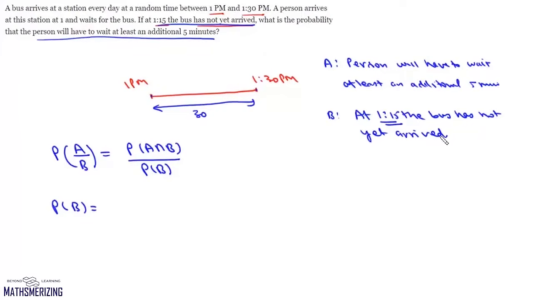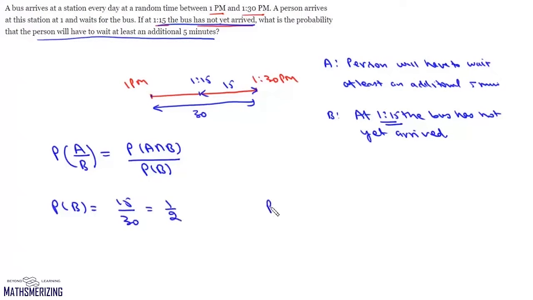So if the bus is not here at 1:15, this bus will be expected at any time between 1:15 and 1:30. So this probability that the bus has not yet arrived at 1:15 is given by this favorable length, which is 15, upon total length, which is 30. So this probability is 15 by 30, which is 1 by 2.